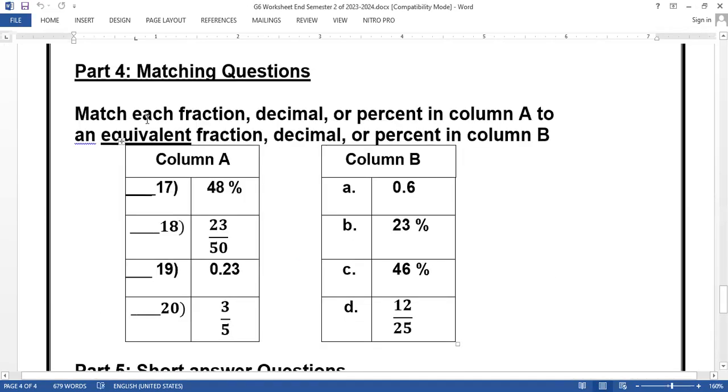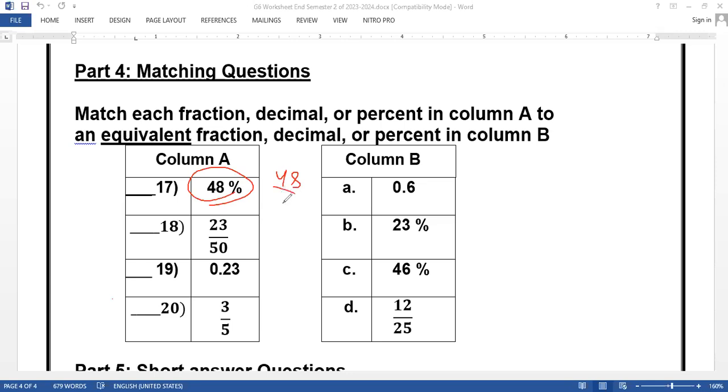Now match each fraction, decimal or percent in column A to equivalent fraction, decimal or percent in column B. Here, it's better to use the benchmark fractions. Here, for example, 48%, it means 48 over 100.